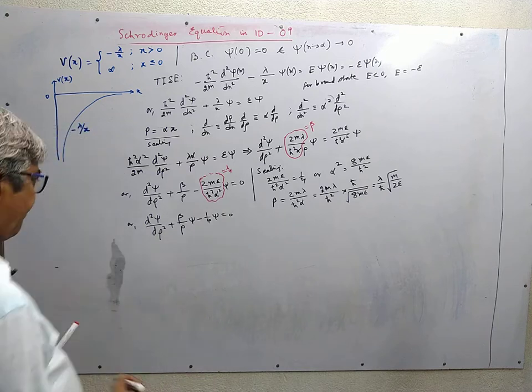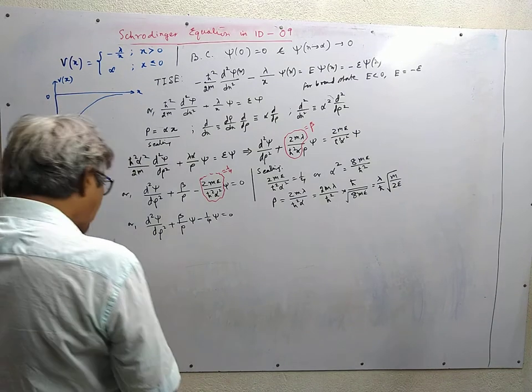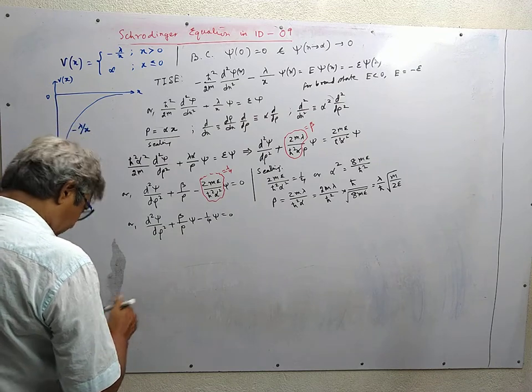If we try to solve this equation by the Frobenius method, we will find the problem is complicated. Rather, some clue may help us in finding the solution. The clue is: what is the asymptotic behavior of the wave function?